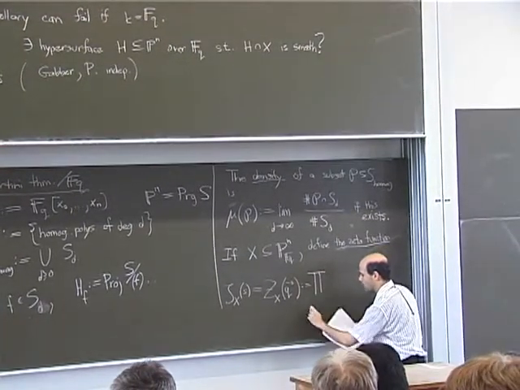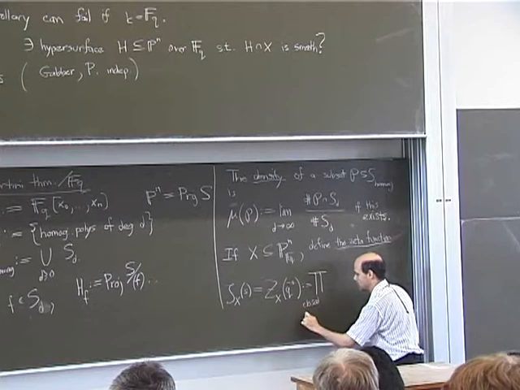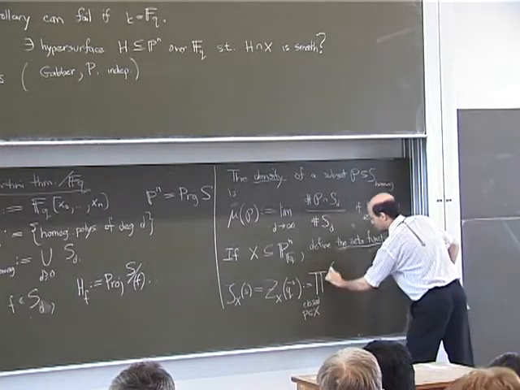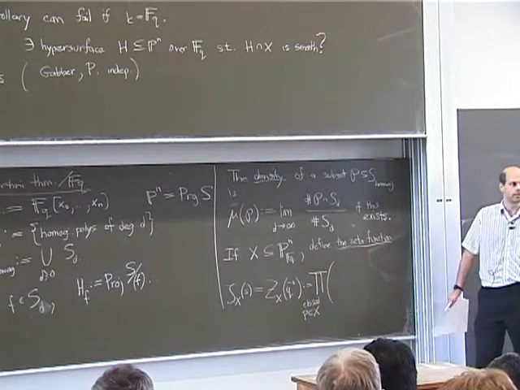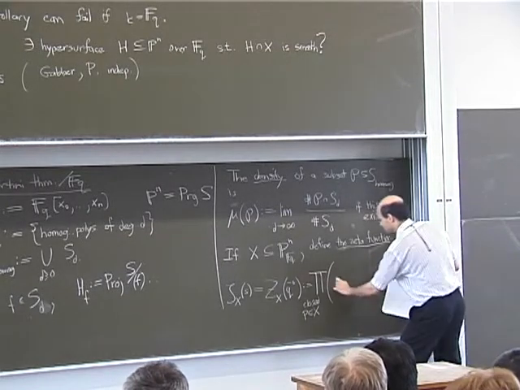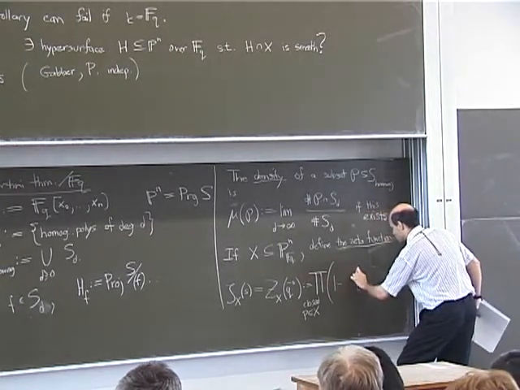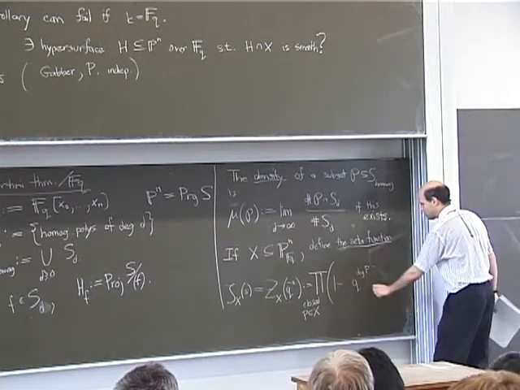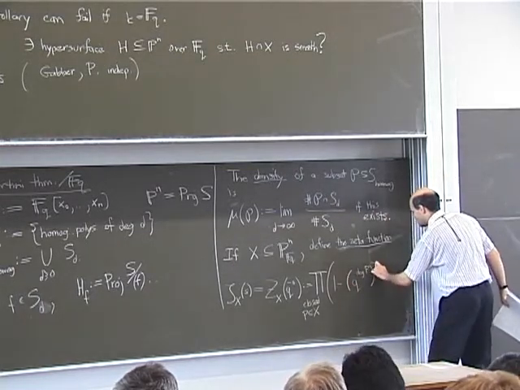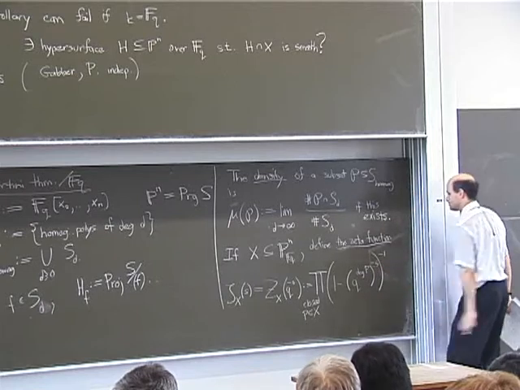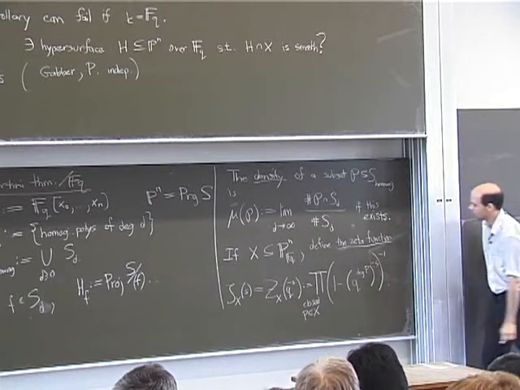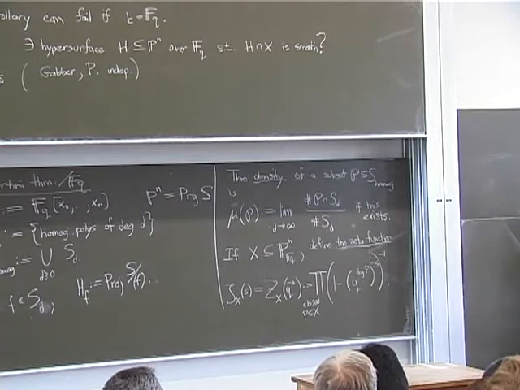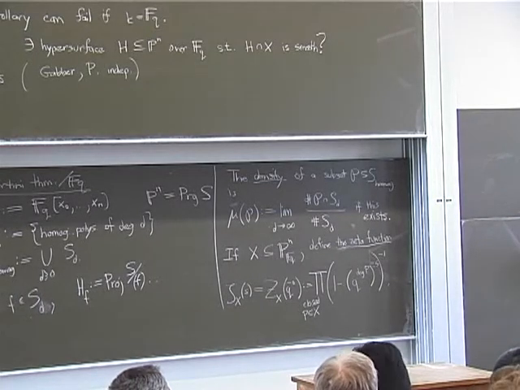One is in terms of the Euler product, which is the one that's relevant for me. So you take the product over the closed points P of X of 1 minus the size of the residue field, which I'll write as q to the degree of P, raised to the minus s, and then the whole thing inverse. Oh, I just realized that's probably not visible to you, but you probably know what the zeta function is anyway.